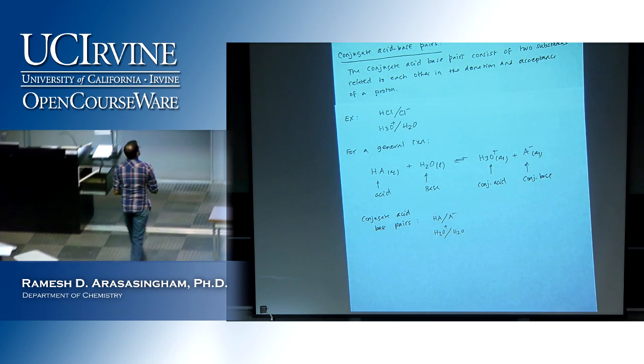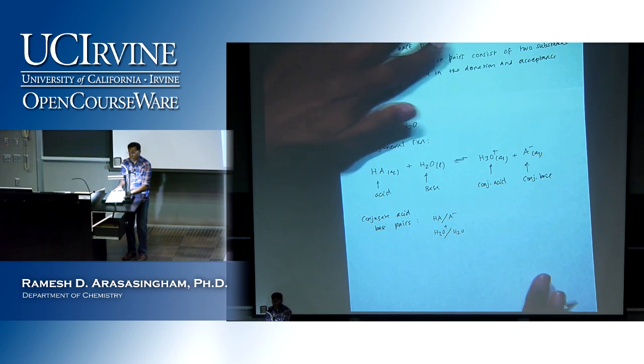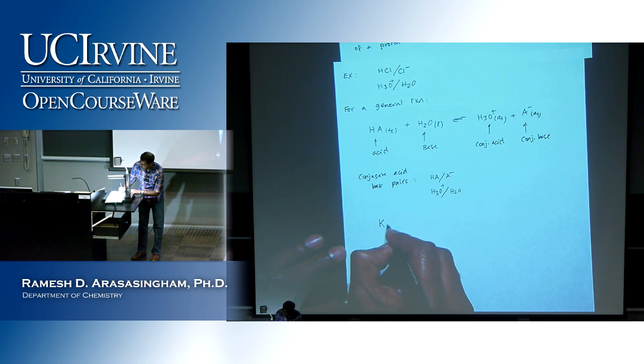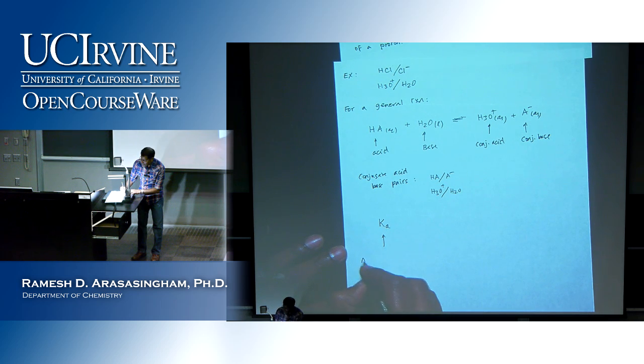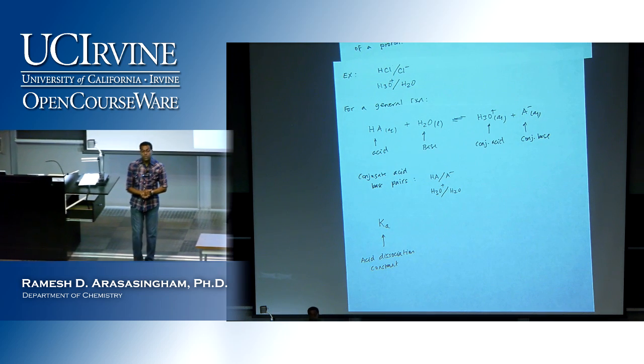If it is an equilibrium, then we can write an equilibrium expression, or the law of mass action. For this equilibrium, we call the equilibrium constant Ka. Ka is called the acid dissociation constant.